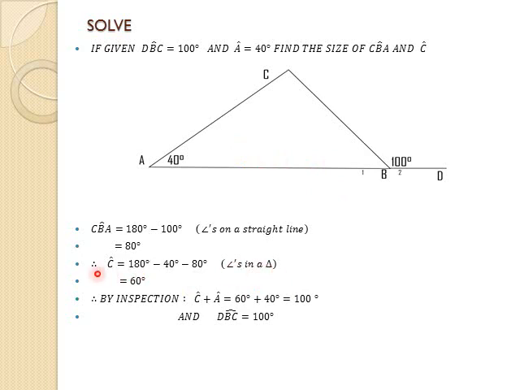Angles in a triangle: 180 minus the 40 minus the 80 gives me angle C as 60. If we want to check that I've gone right by inspection, this angle C plus angle A, 60 plus 40, gives me 100. And the exterior angle of the triangle is also 100. So the exterior angle equals the sum of the two opposite interior angles.